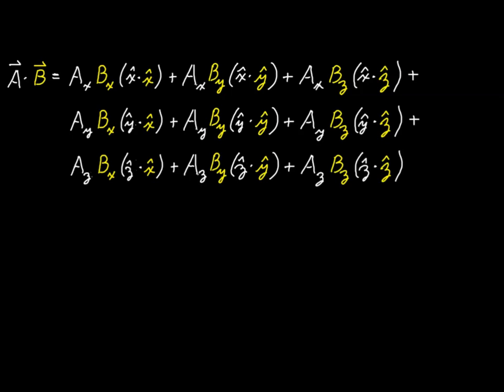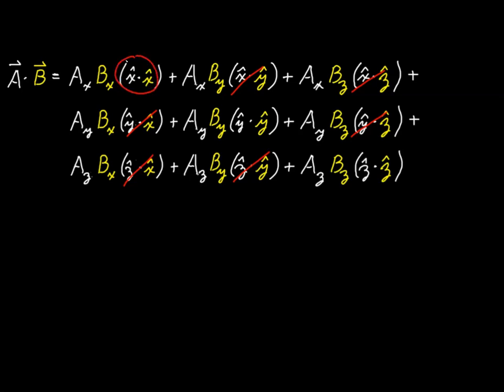Now, all we have to do is recognize that any of these basis vectors that are perpendicular to each other will result in a dot product of 0, so all of those terms drop out.